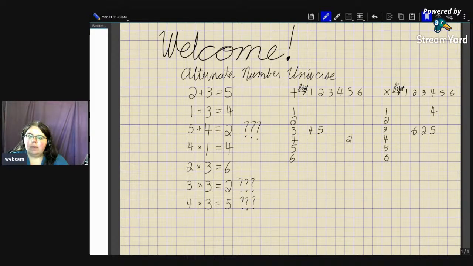Where'd it go? Well, let's see. Okay, well, let's just get another one generated then.